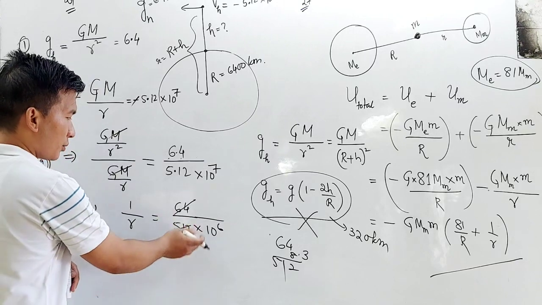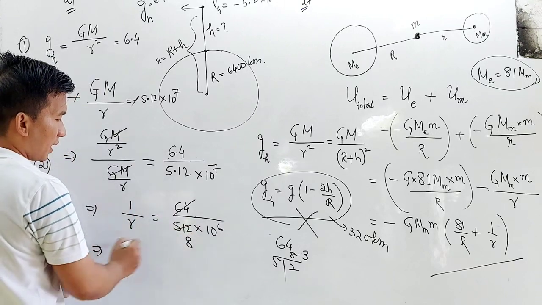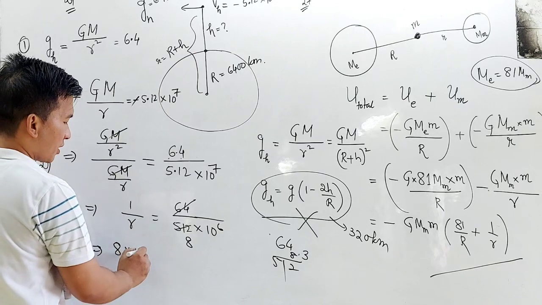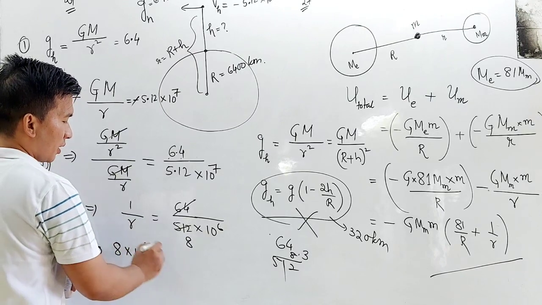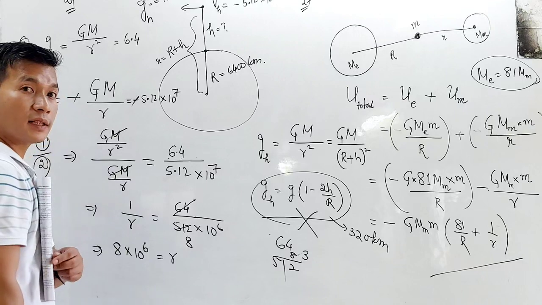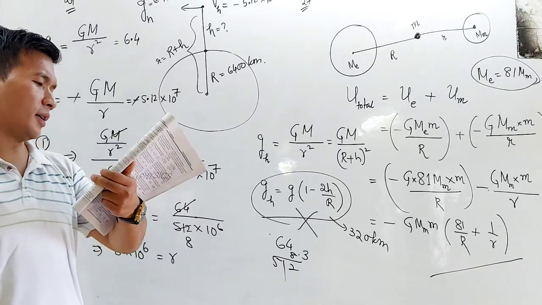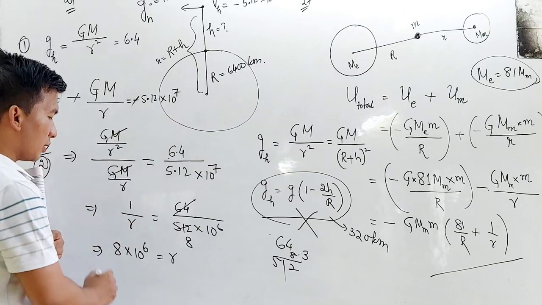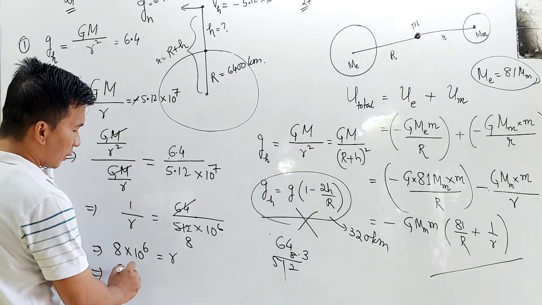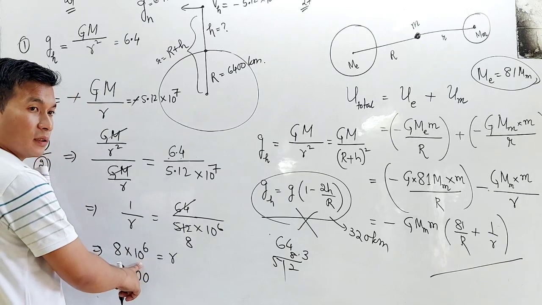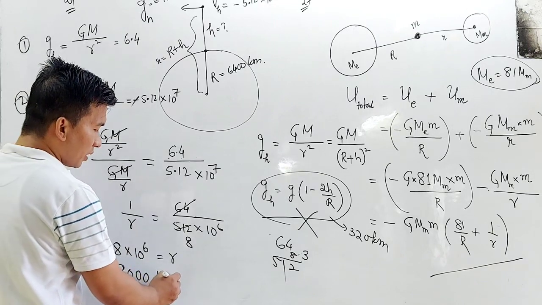Transfer this side, this will be 8 into 10 to power 6, this will be small r. In terms of kilometer, this is 8000 kilometer.